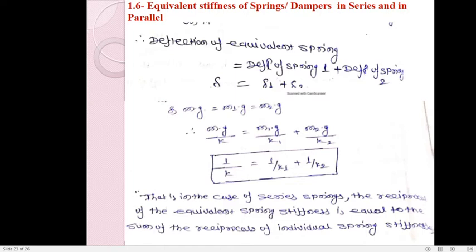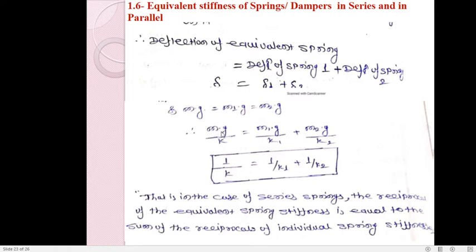Similarly, by using the definition of stiffness, we could write the equation for total deflection this way: delta equals force upon stiffness.